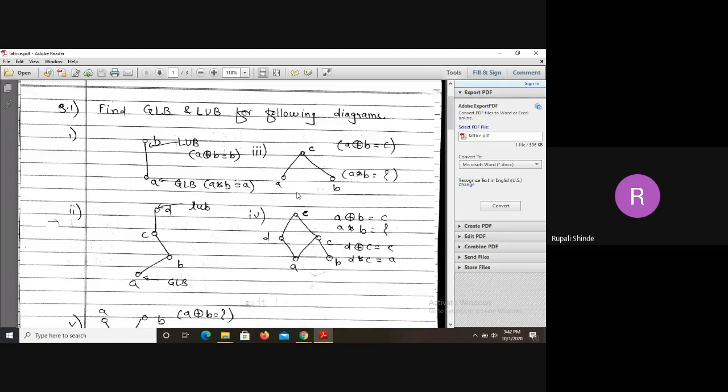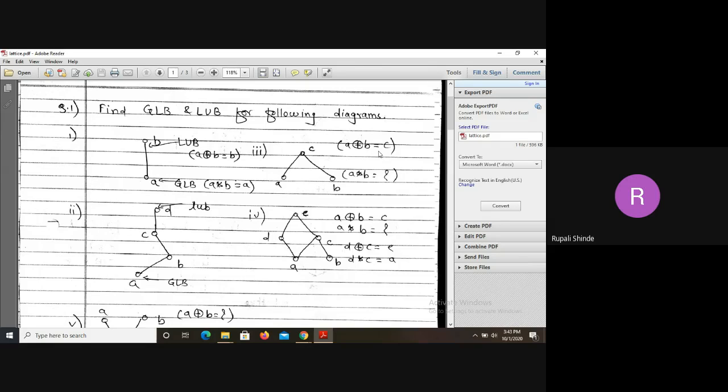No. So here the greatest lower bound is missing. That's why A star B I have given as a question mark, because that element is not present here. But it contains a least upper bound, and the least upper bound of these two elements A and B is A XOR B, and that element is C.